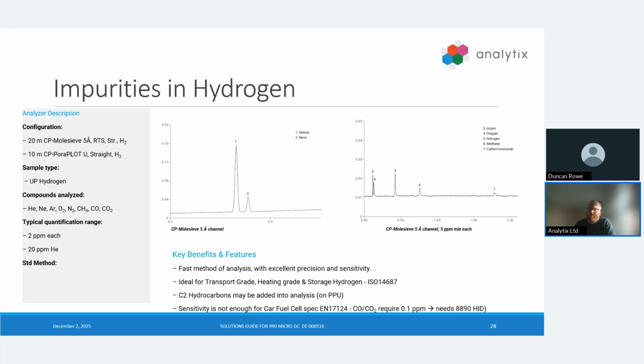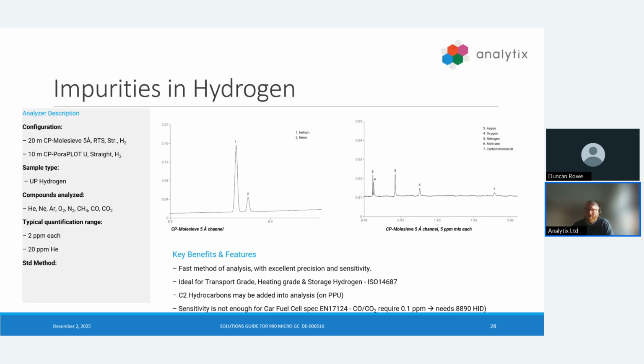Same layout as the previous application. You can see the configuration, sample type, compounds analyzed, and typical quantification range on the left-hand side. And I'll just talk through the chromatograms in a bit more detail. So in this application, high purity hydrogen with 99.9995% purity carrier gas was used for this test.